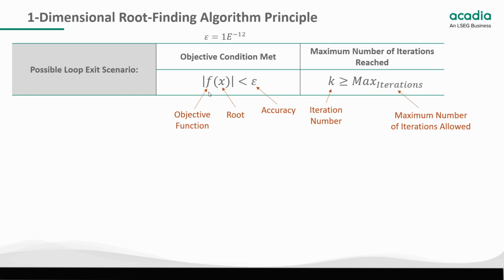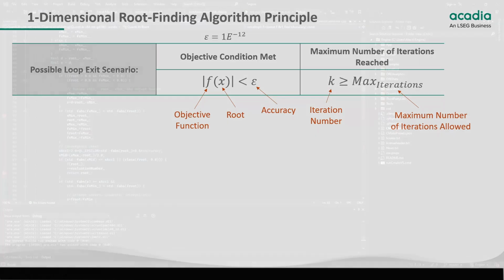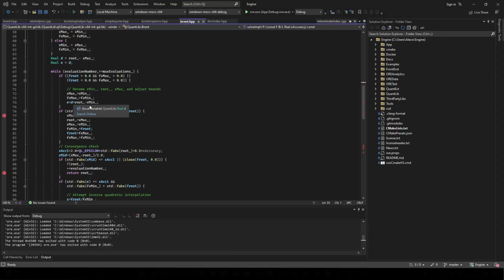Or the objective condition is met, and you can see here this is f of x, with x being the root, f the objective function, and epsilon the accuracy. And most root finding algorithms work in a similar way. Is my objective condition met? If yes, so we test it here, yes, I exit and I return the root value, which is the x in the f of x equation, which in our case is the implied discount factor of a quote.